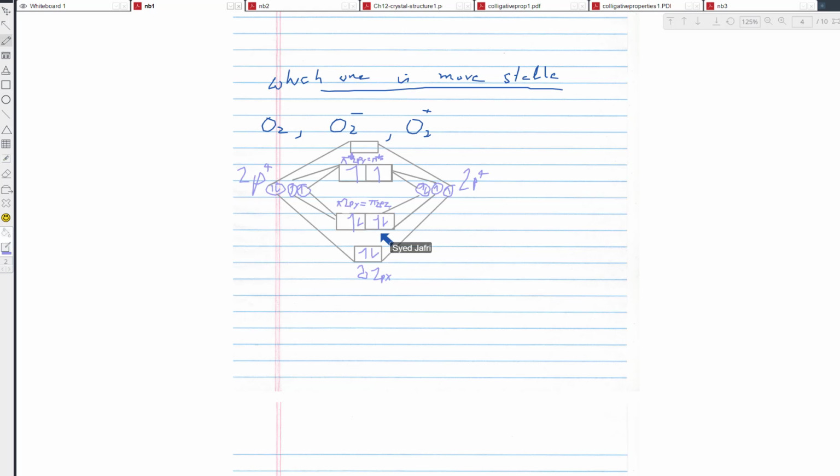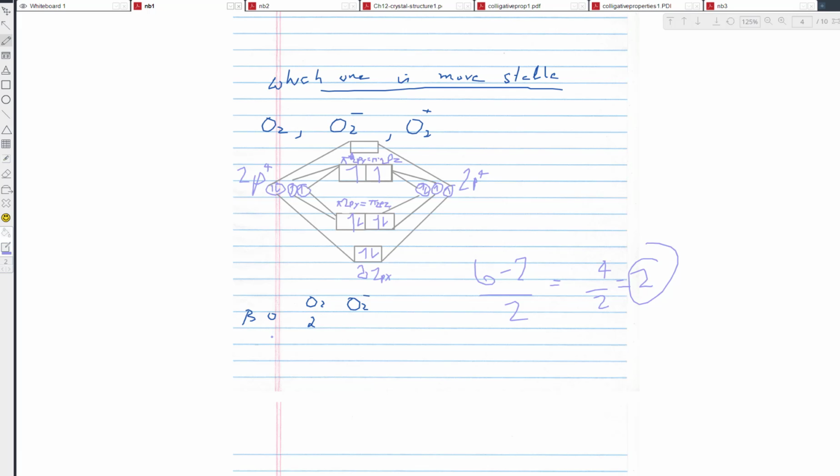Okay, what is the bond order? Two. So the bond order for oxygen is 2. Now do the same thing with O2 negative.